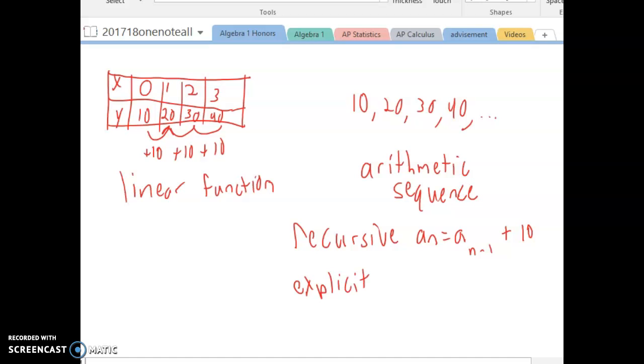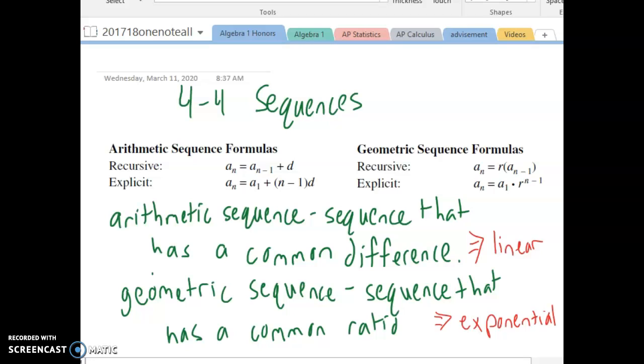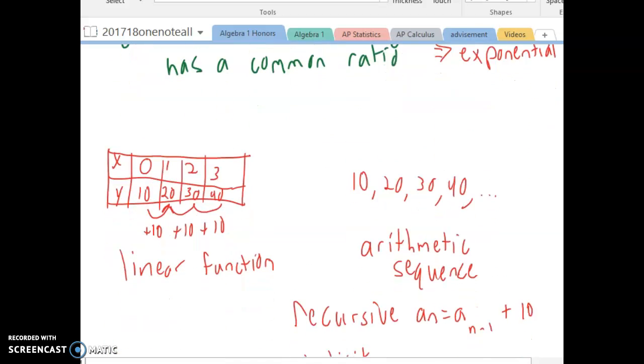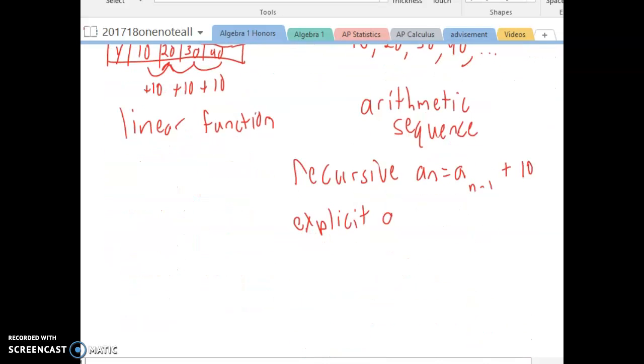The word explicit means to make obvious. So we have our formula, a sub n equals a sub 1 plus n minus 1 times d, where a sub 1 is that first number. So a sub n equals a sub 1, which in this case is 10, plus n minus 1 times that common difference, which is also 10.